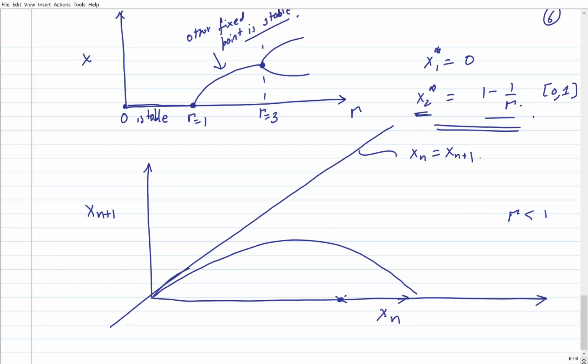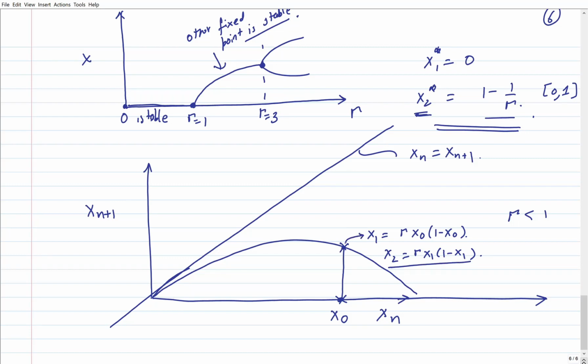I start here as my initial condition, and the next iterate is going to be over here, x1, which is the definition of my map. Now, on this graph, how do I find out x2? So this is x1.